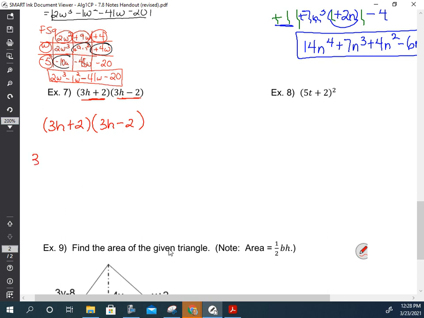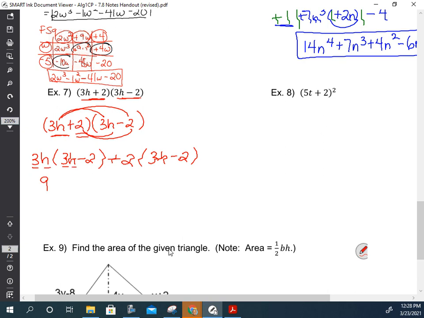So take 3h, multiply it times 3h minus 2. And then take positive 2. Multiply it times 3h minus 2. So everything gets distributed. So now it's multiply. What's 3 times 3? 9.